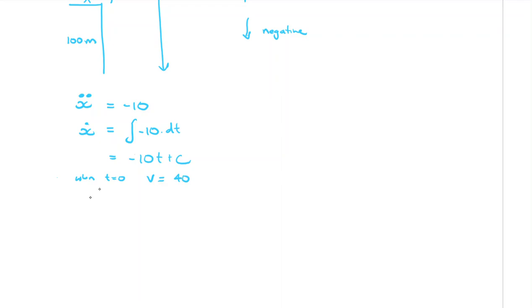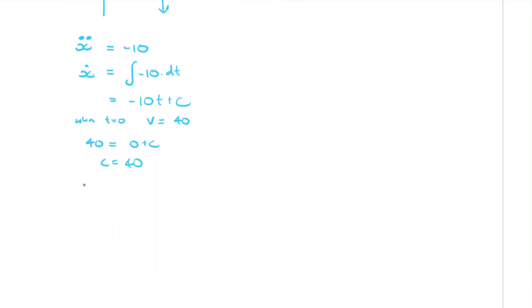Sub it in. 40 equals -10 times 0, I'm just going to put 0, plus c, so c is equal to 40. My equation for velocity is -10t plus 40.